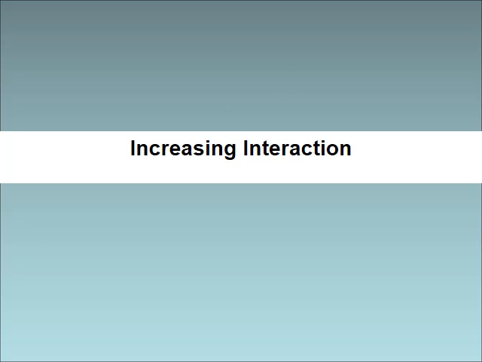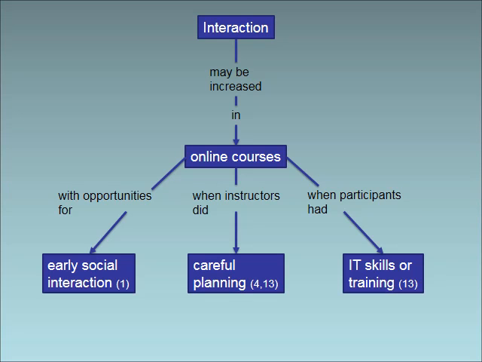Increasing interaction. Shot and Bullen found students working on asynchronous message boards had greater interaction in their work when they were given opportunities early in the course to have social interactions. According to Downing and Chan, careful planning could have an impact on student interaction.